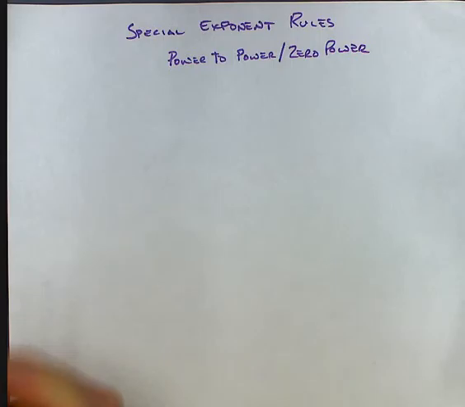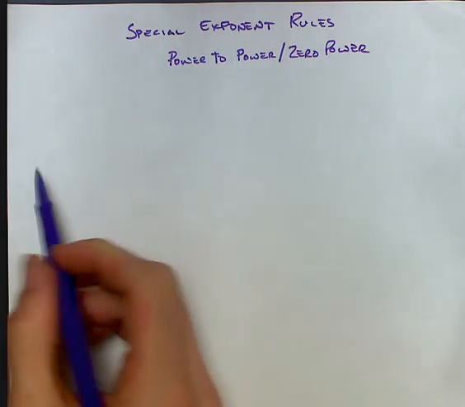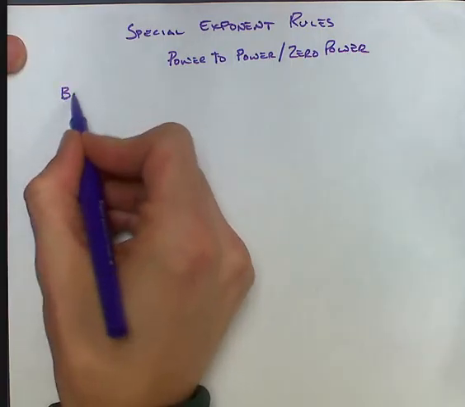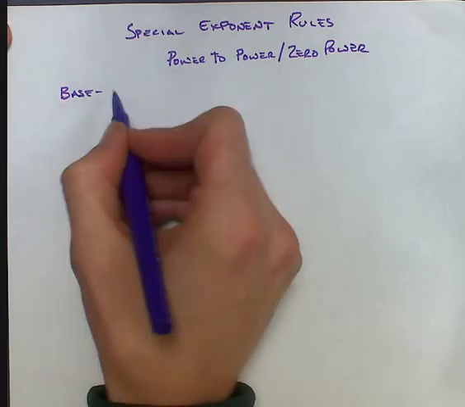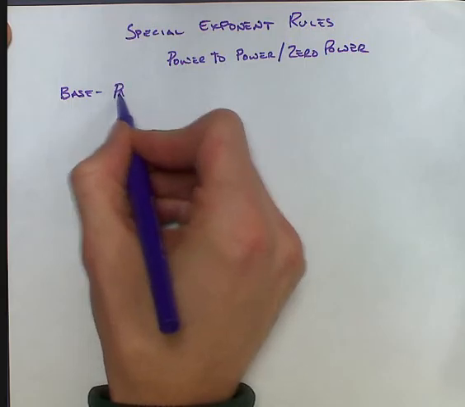The couple of things that you really need to know is that the base is the part that's being raised to a power. The part of the expression that's being raised to a power.